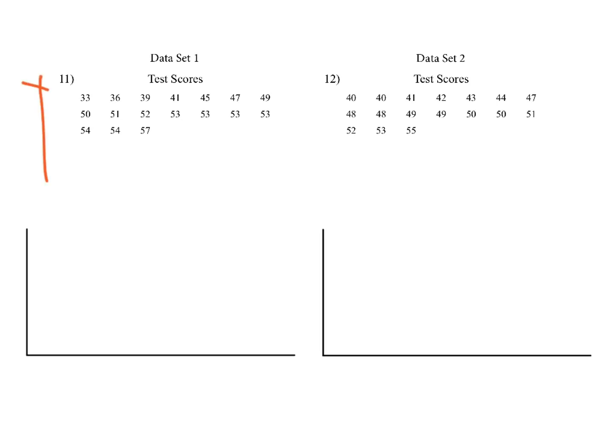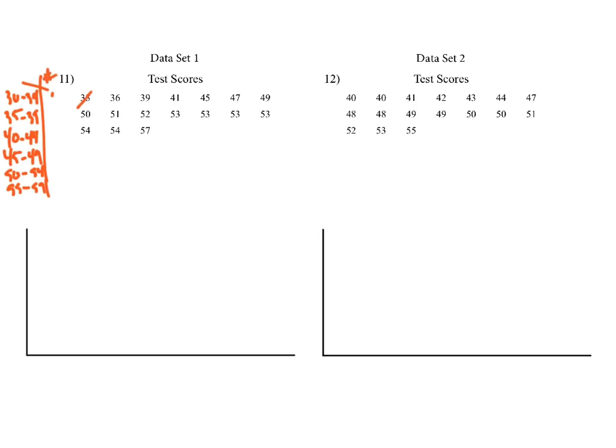So 33 is our lowest, so we're probably going to go 30 to 34, every 5. 35 to 39. 40 to 44. 45 to 49. 50 to 54. And then 55 to 59. Then we do the frequency, how many we have.